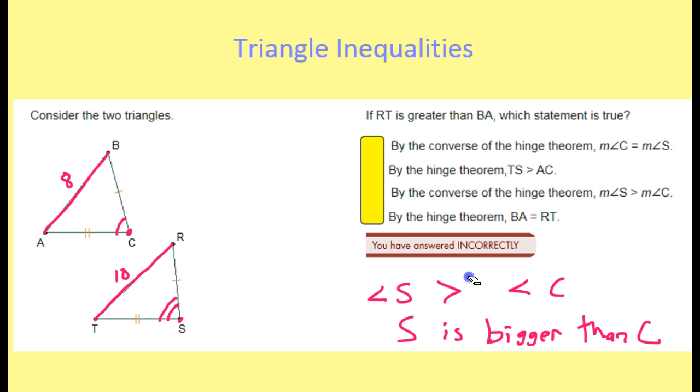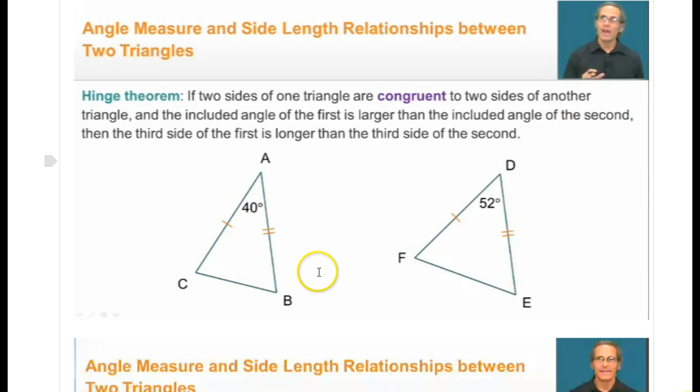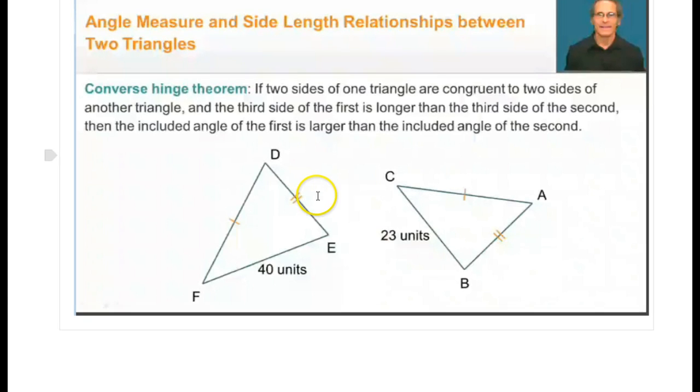I'll just say it in words. I just mentioned the hinge theorem. You've got the hinge theorem and you've got the converse of the hinge theorem. They almost say the same thing.